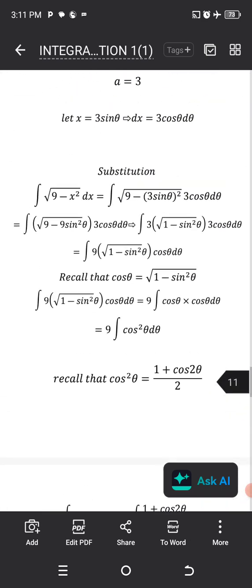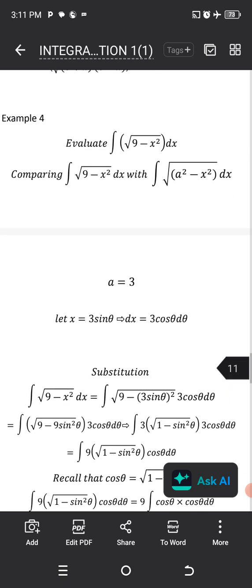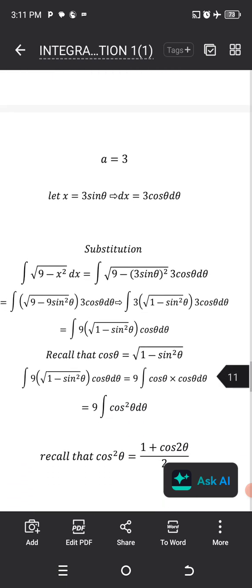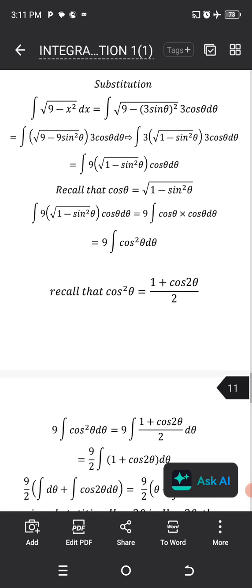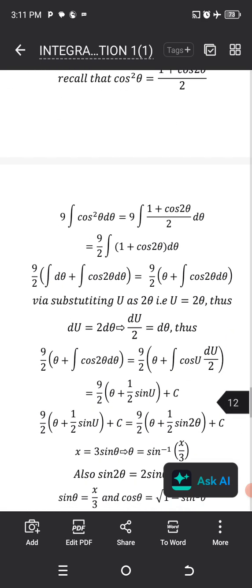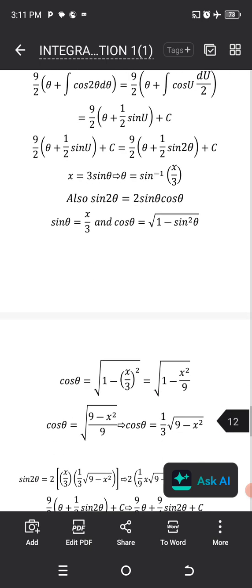Let me make it slow a little bit. So you see, let x, it's just the same principle. You can easily solve this.